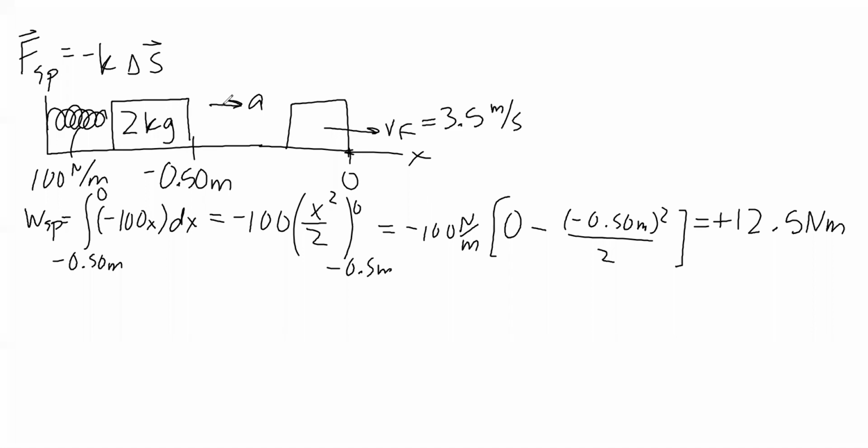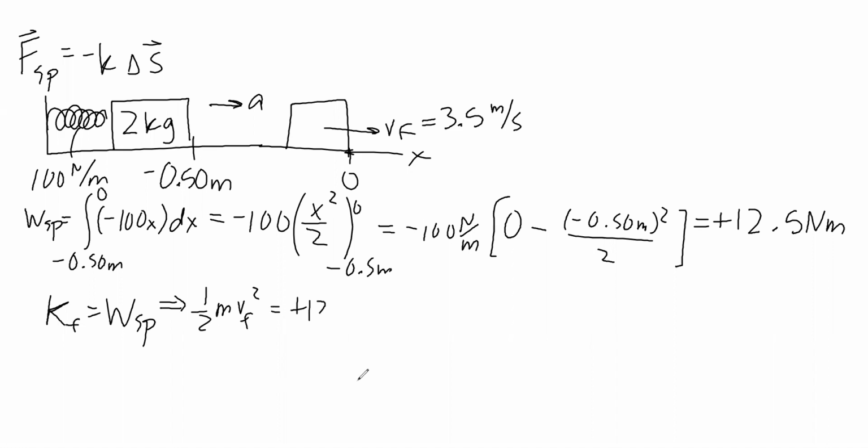And so in this simple problem, we can just take the work done equals the final kinetic energy, since it starts off at rest, and we'll just say K final equals work done by the spring force. And so we got 1/2 m v final squared equals 12.5.